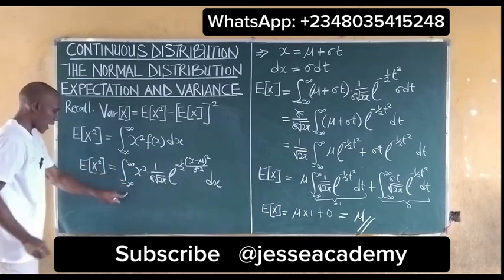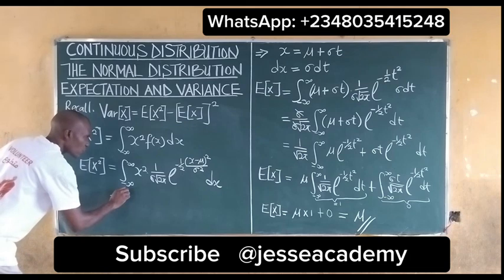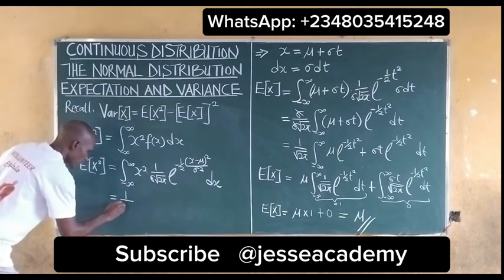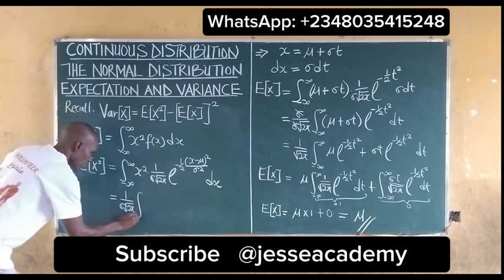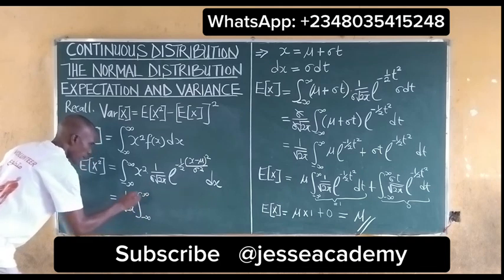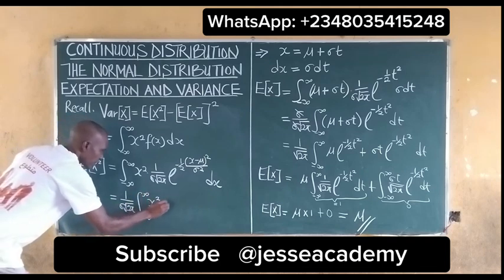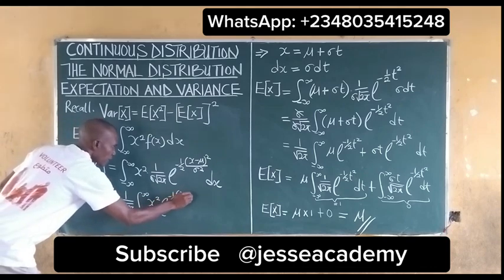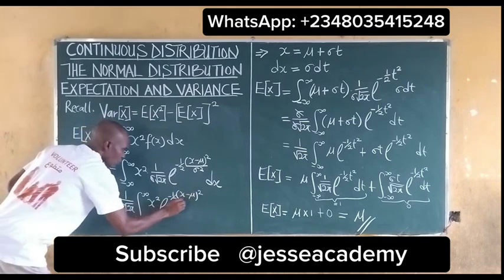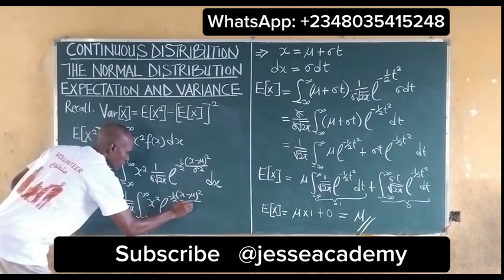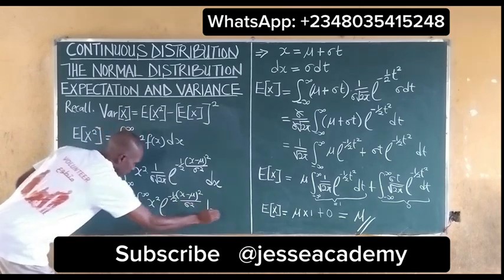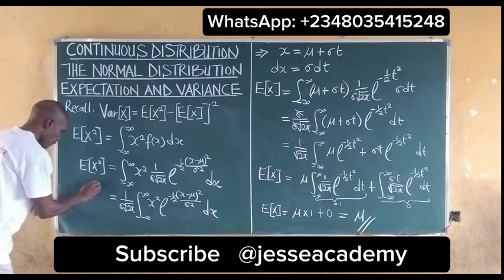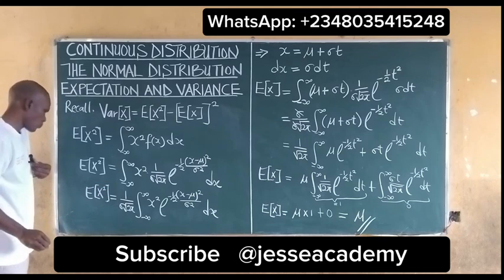Of course, we can bring this out if we wish to give us 1 all over sigma square root of 2 pi, the integral of x squared exponential negative 1 all over 2 times x minus mu squared all over sigma squared dx. So this is our expected value of x squared.